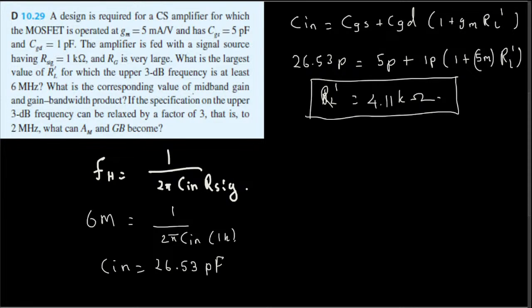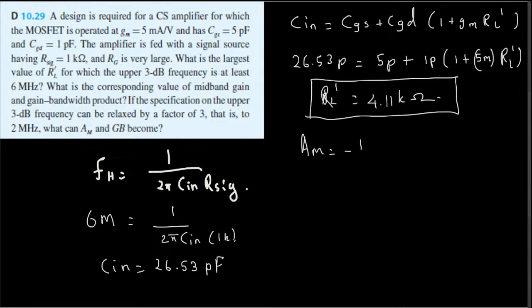the midband gain and gain bandwidth product. In order to calculate that, first we have to know the AM.